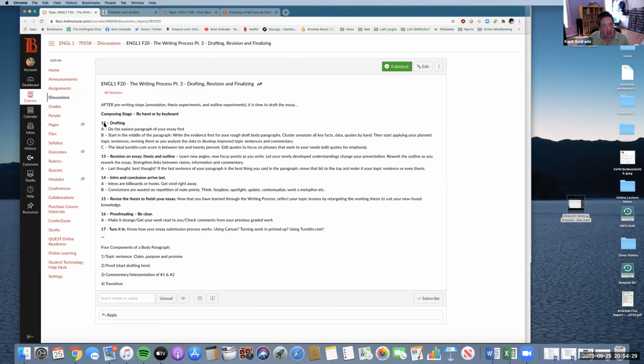So my suggestion with drafting begins with a simple rule. When you put together your outline, 1 or 2 paragraphs really stood out as being fairly easy to construct. You had all the pieces there, you laid them down.